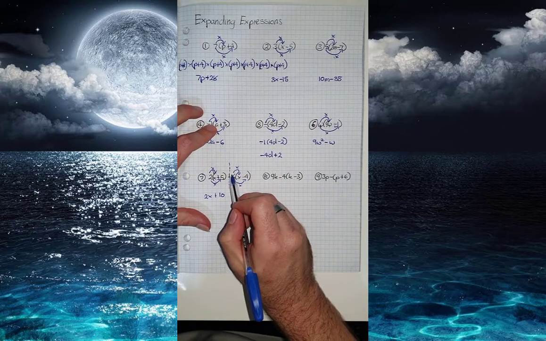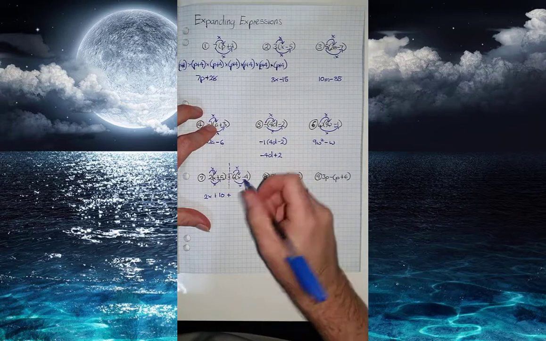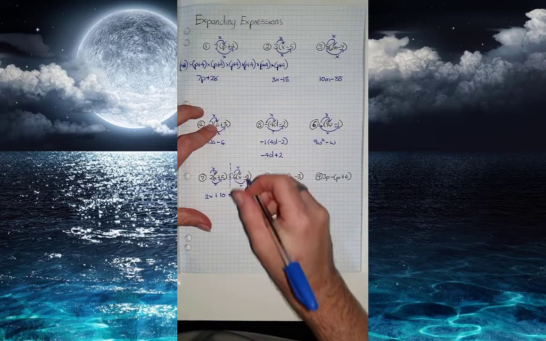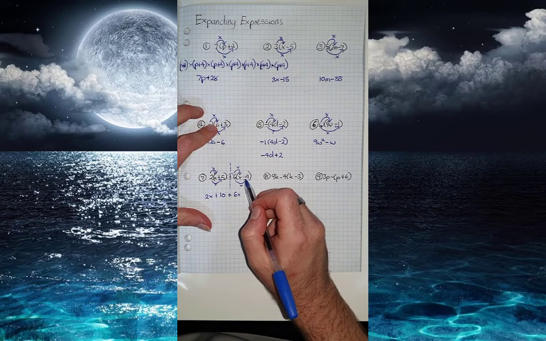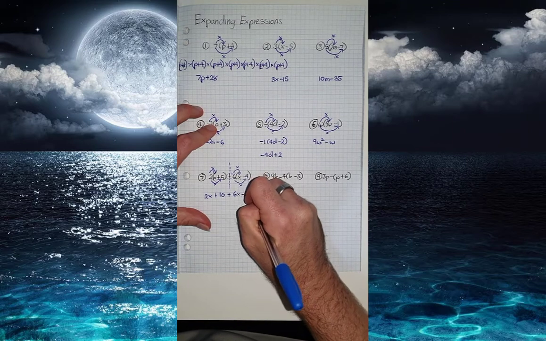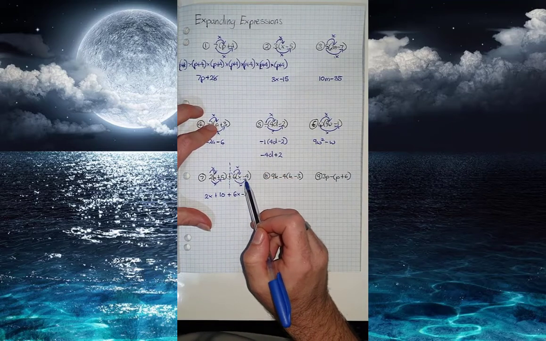Now, I can't forget about my plus sign there, so I need to just drag that straight down. 6 times x equals 6x. 6 times -4 equals -24. Remember, a positive timesing by a negative equals a negative.